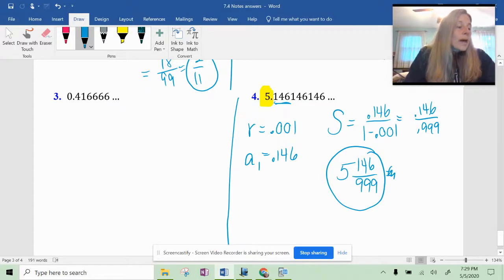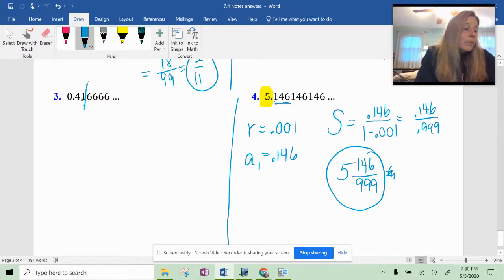Okay, so now the last problem, this one's a little different because after your decimal, you have 4, 1, and then the repeating starts. So we're going to actually separate it there. So what's going to happen this time is that the A value, we're going to just put 2 zeros in there for a minute.